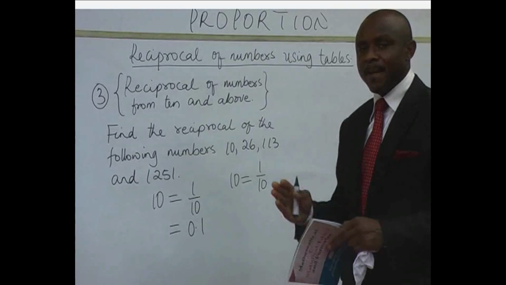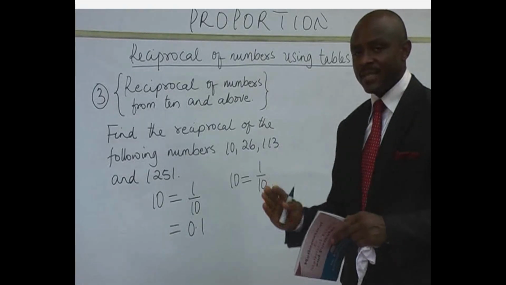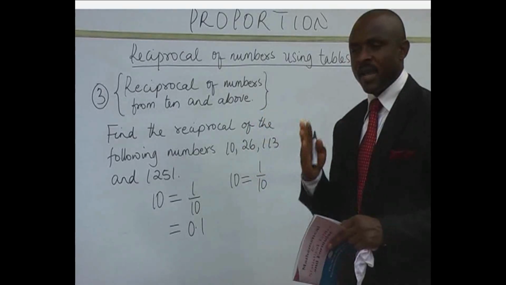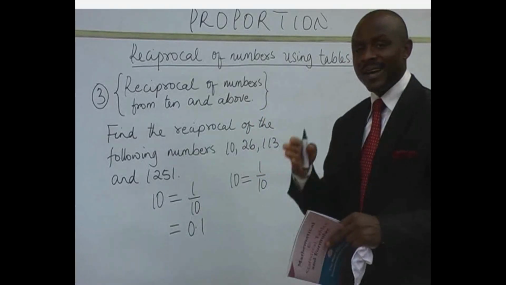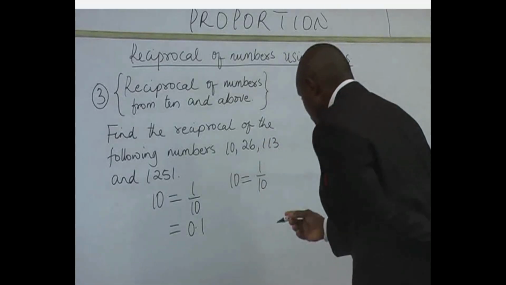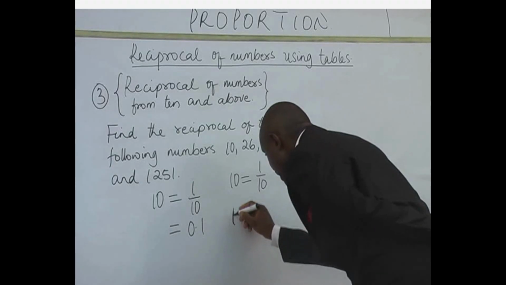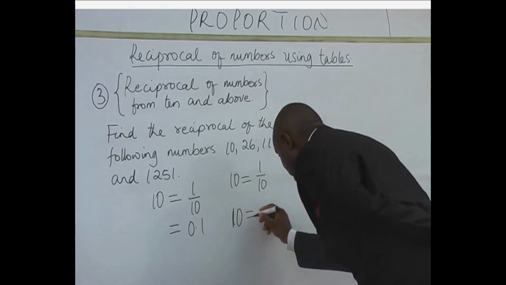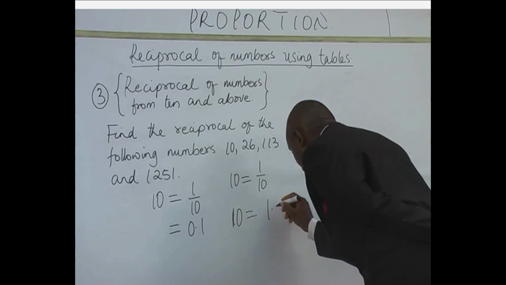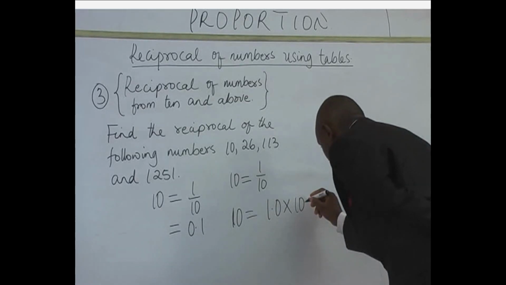But for numbers that are below 1 and numbers that are above 9, that is from 10 up, you need to first of all write them in standard form. So the first thing we do is to write 10 in standard form. 10 in standard form means 1.0 times 10 raised to power 1.